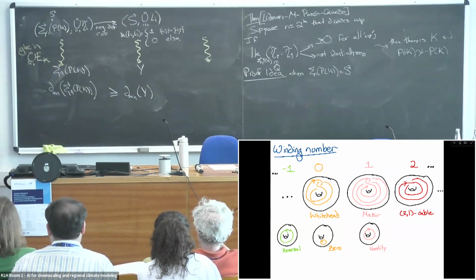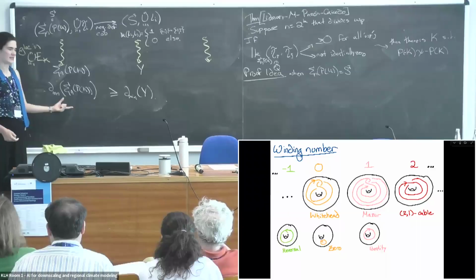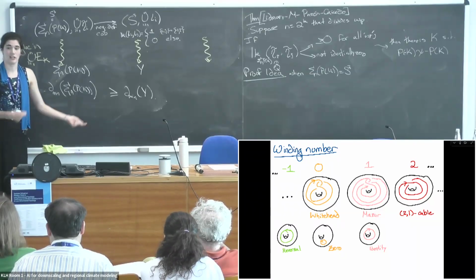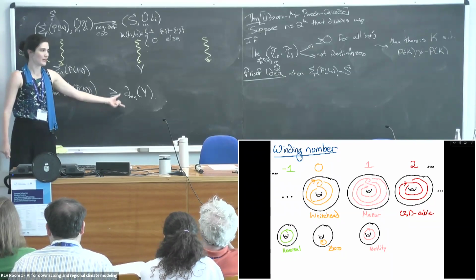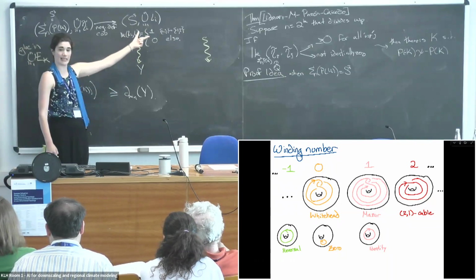So remember vaguely, we're going to make this large at the end of the day. We're going to make the minimum D invariant of sigma n P of K plus the minimal D invariant of sigma n P of minus K very large. And we already have it greater than or equal to something. But we don't really know what that something is, except that it's obtained from this link in S3.